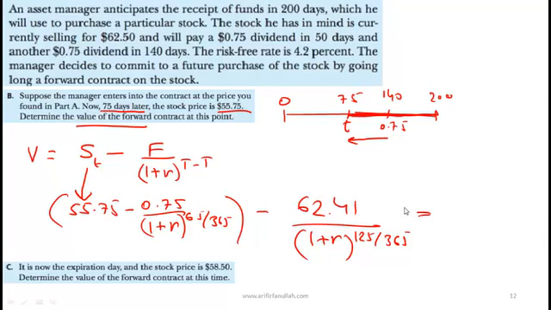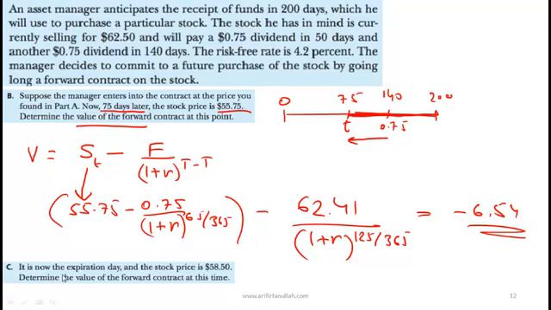You crunch the numbers and what you should get is minus 6.53. If this is a negative number, it means that the long lost and the short gained.